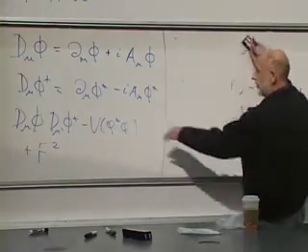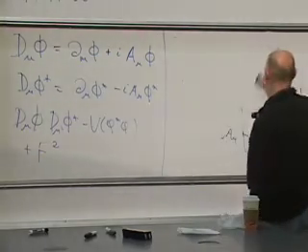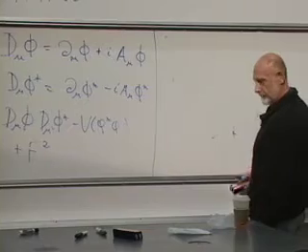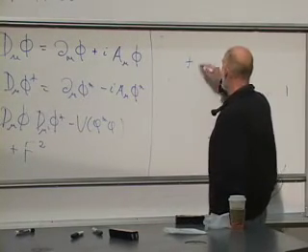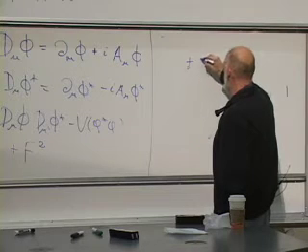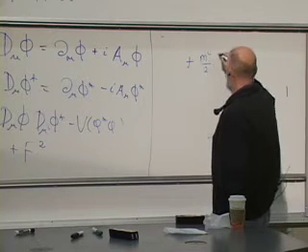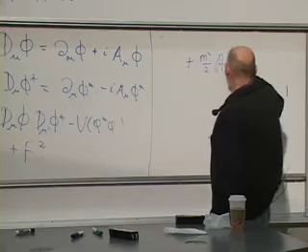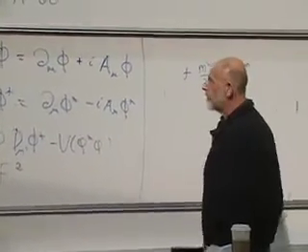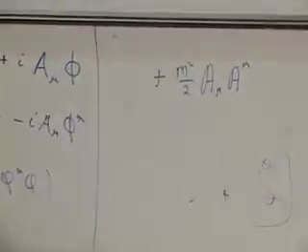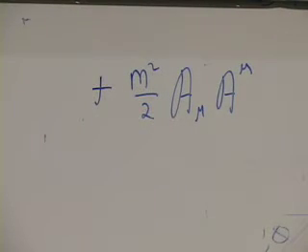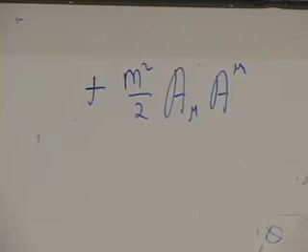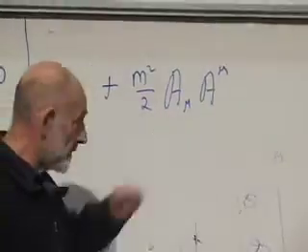But as far as modifying the electromagnetic field, what we cannot add in is a term like, let's call it m squared over 2 times A mu, A mu. Remember, the mass term for a boson field is typically an m squared times the square of the field. A mass term for a photon would be a term like this.